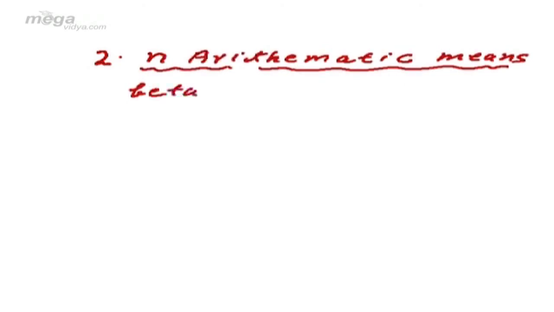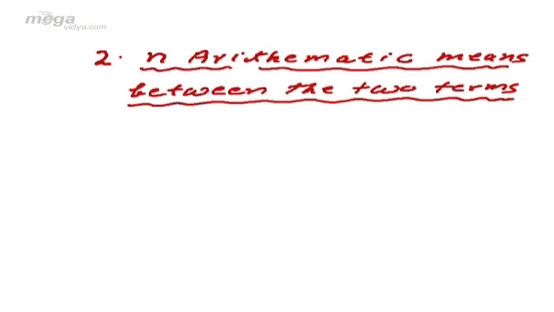Now the second part, that is n arithmetic means between two terms. If the two terms are a and b, and I want to insert n arithmetic means between them, it means A1 is the first arithmetic mean, A2 is the second arithmetic mean, A3 is the third arithmetic mean, and the last is An.